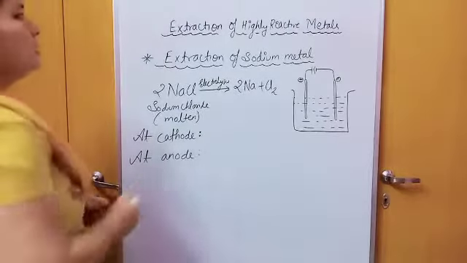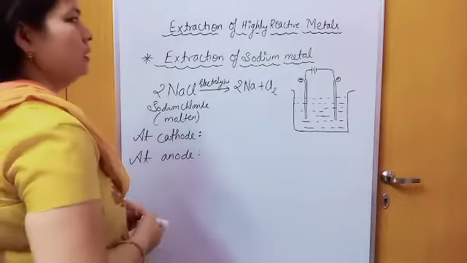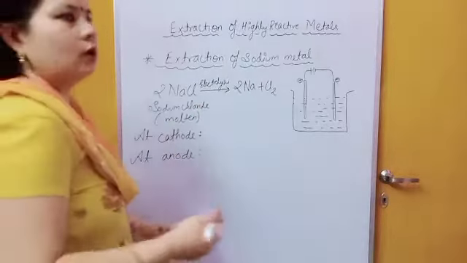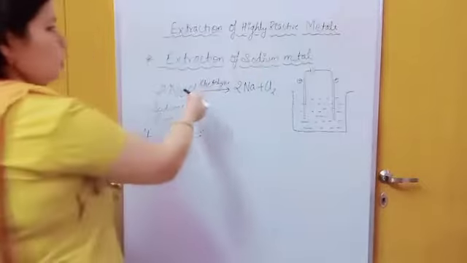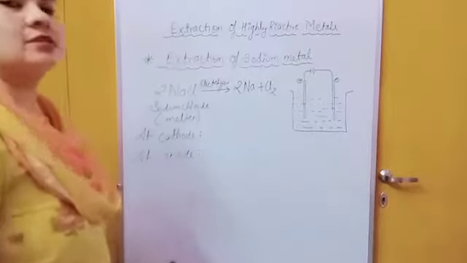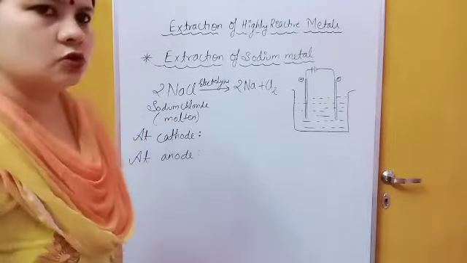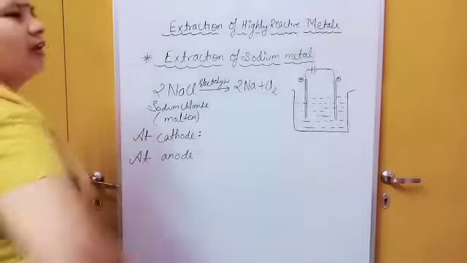Now see, extraction of sodium metal. NaCl is one ore of sodium, because sodium is present in it. We generally obtain NaCl from seawater or rock salt. Seawater is the main source of NaCl.